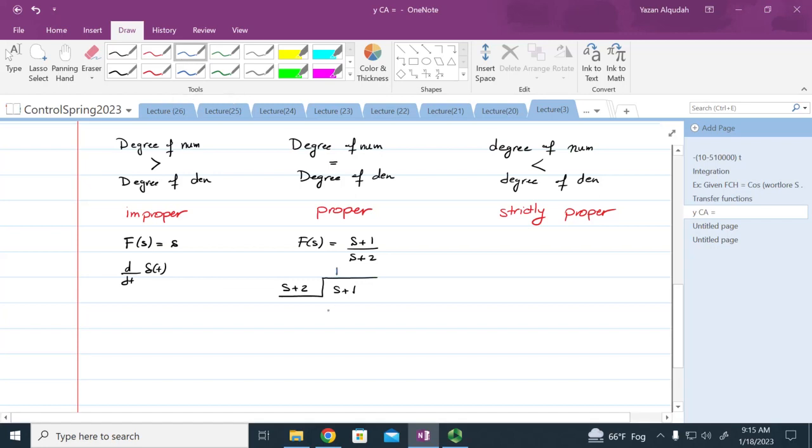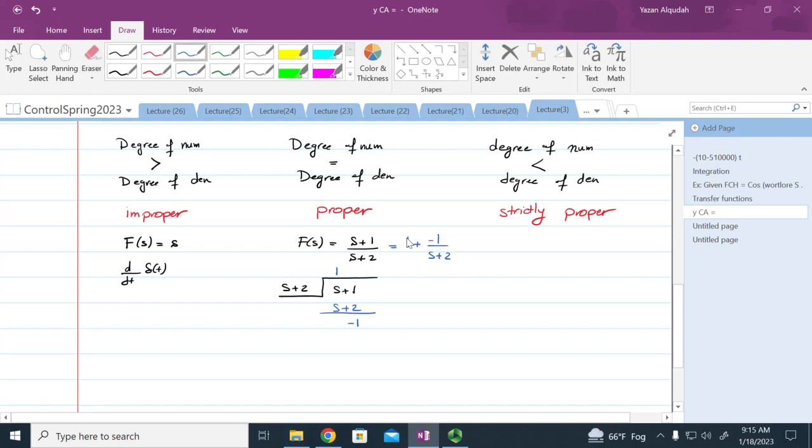And 1 multiplied by s plus 2 gives me s plus 2. We reverse the signs, we get a negative 1. Negative 2 plus 1 is negative 1. So therefore, s plus 1 over s plus 2 is equal to 1 plus negative 1 over s plus 2. Agree?